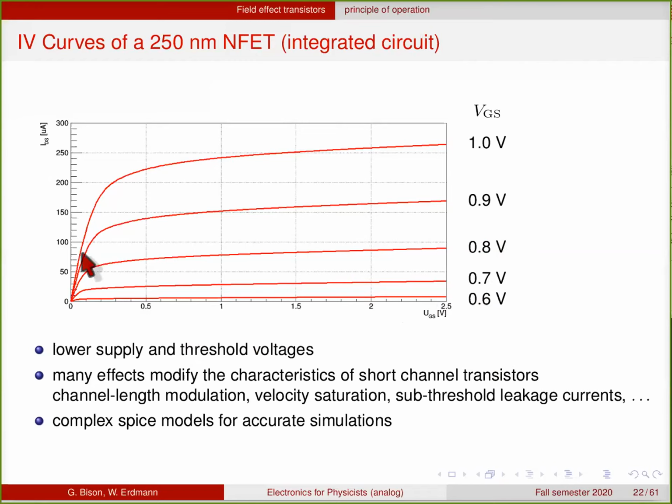And the IV curves are not nearly as ideal as they are for the larger transistors. So there are a number of small effects here that need to be taken into account, which we don't go into. And they're quite complicated. If you really want to make a quantitative analysis of such a circuit, then the best way is to use SPICE. The SPICE models for these transistors are very complex, but allow extremely accurate simulations.